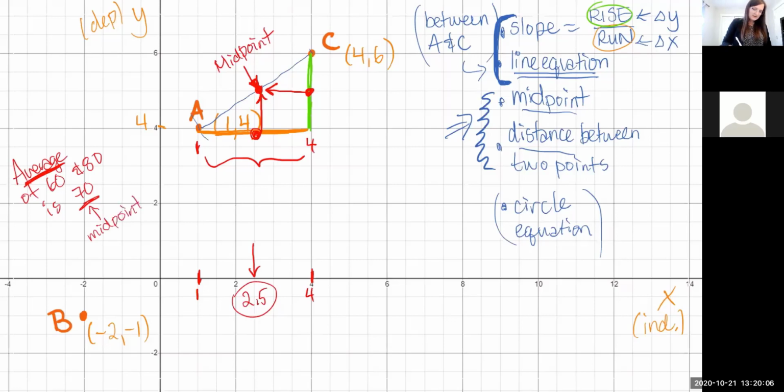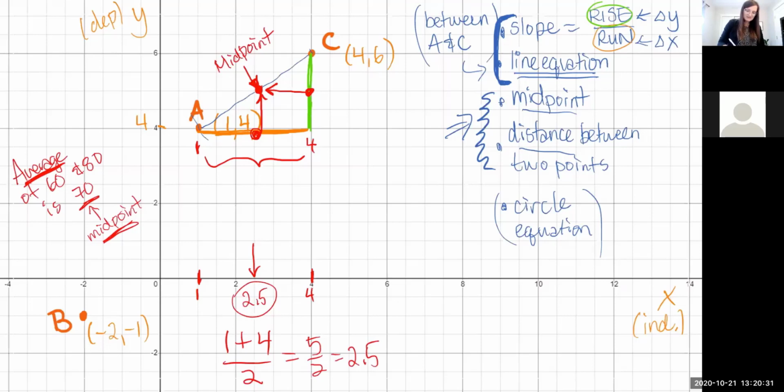It turns out that average and midpoint are basically the same concept. When you take an average of things, you're finding the middle point in between those things, especially when there's only two of them. So let's try that. 1 plus 4 over 2, that's the average of 1 and 4. What happens to that? 5 over 2, which is 2.5.